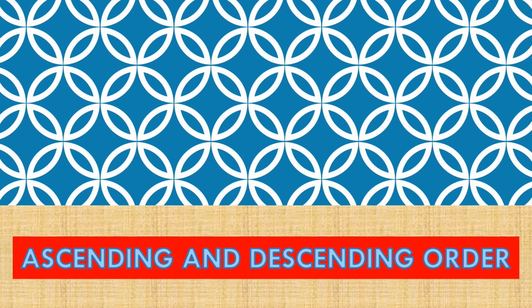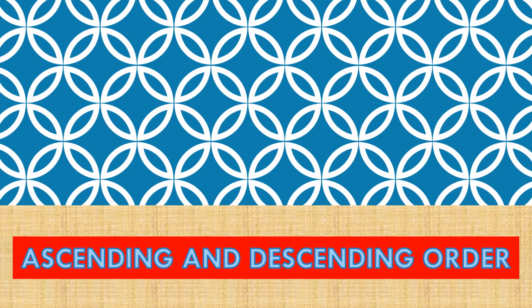In the ascending order, the number which is the smallest is written first, followed by the bigger ones and the biggest at the end. But it's just the other way around in the descending order.